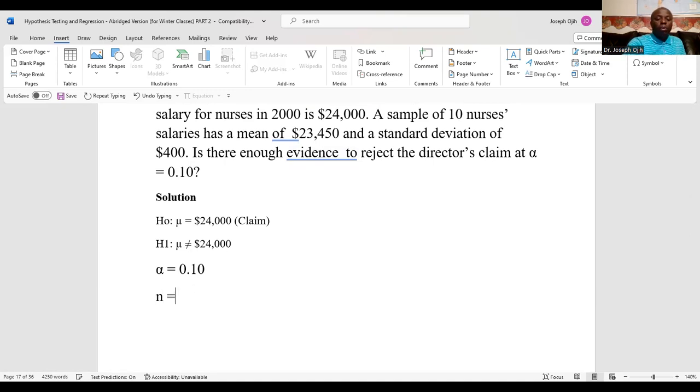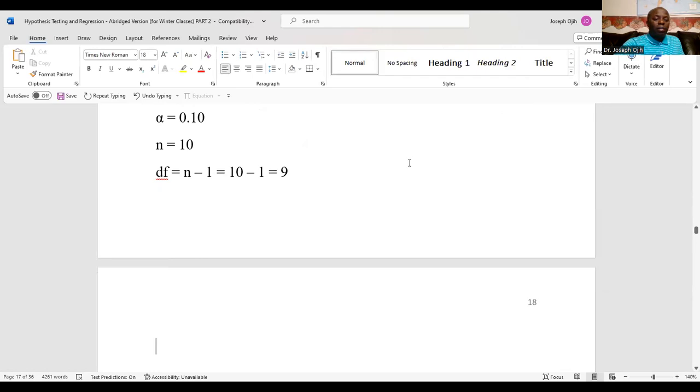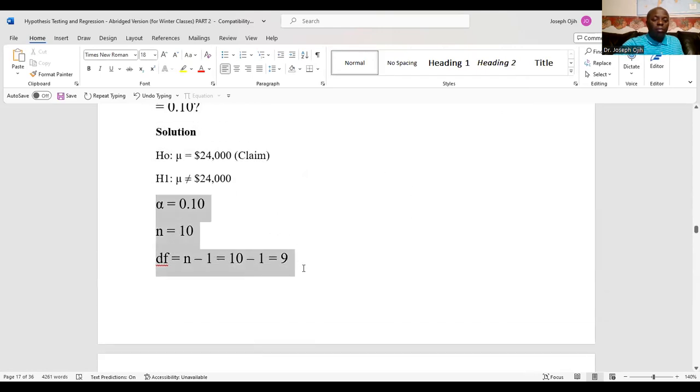N equals 10, so the degree of freedom, DF, I showed you how to get values from the student t distribution table. The degree of freedom is always n minus 1, which means 10 minus 1, and that gives us 9.